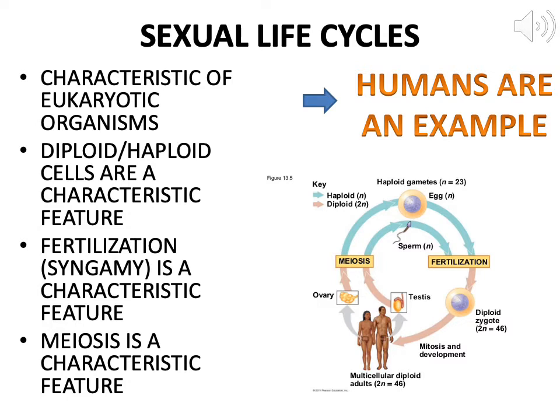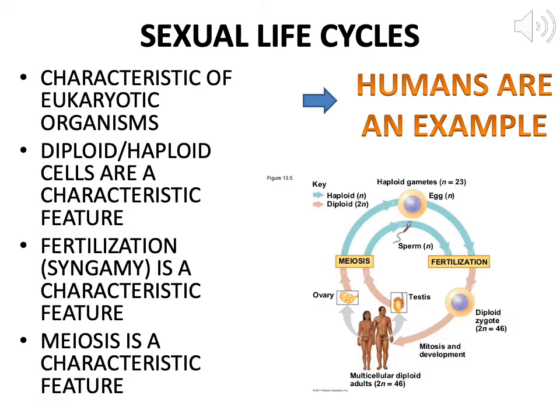Now there's one other thing I want you to note about this human life cycle illustrated at right. You will notice that fertilization is identified in a yellow box on the right-hand side of the cycle, and it signifies a transition from what is haploid to what is diploid.